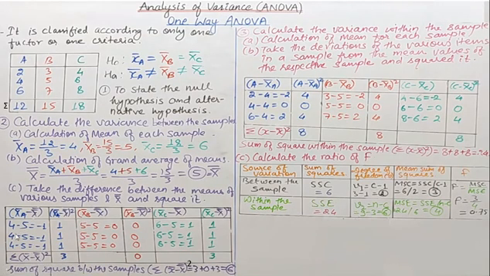Here also the X A bar value is 4 and the X bar value is 5, so X A bar minus X bar will be equal to minus 1. Similarly we will take the third value. The summation of X A bar minus X bar whole square is equal to 3.